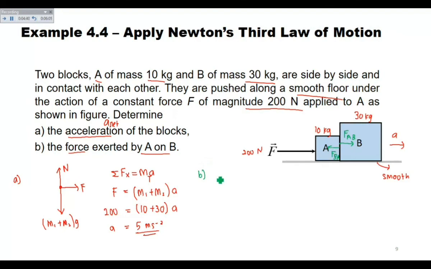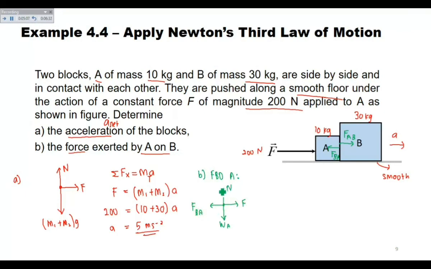Okay, so untuk block yang pertama, free body diagram untuk A. This one will be the weight, normal, and then we have F in this direction. Dan kita ada FBA.